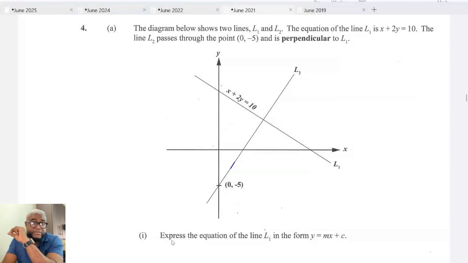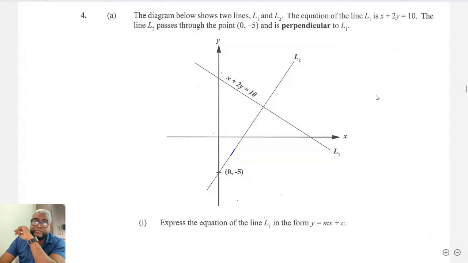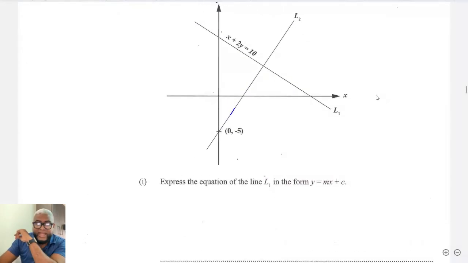So the first thing we need to establish is what the question is asking here. Express the equation of the line L1 in this form. So let's write it how they wrote it: x plus 2y is equal to 10.